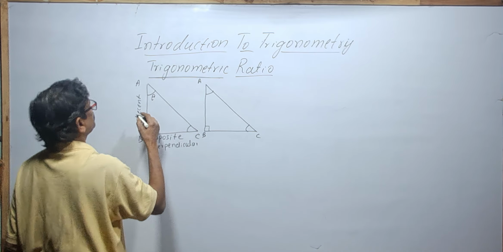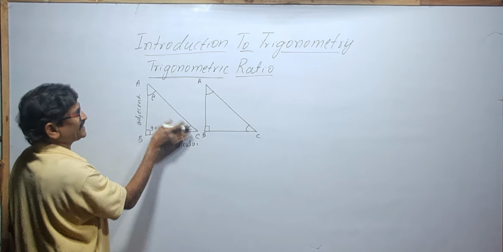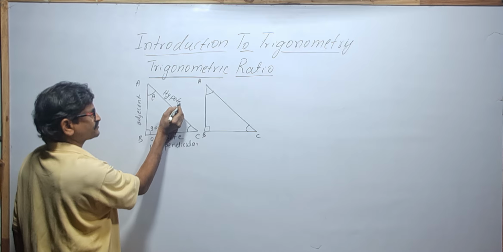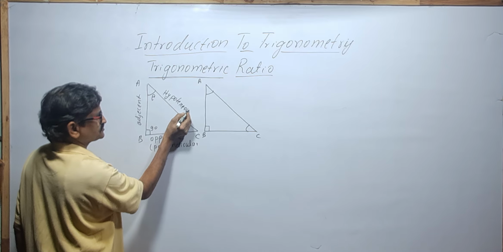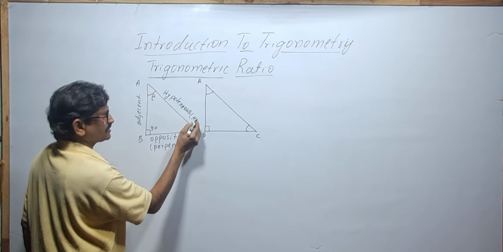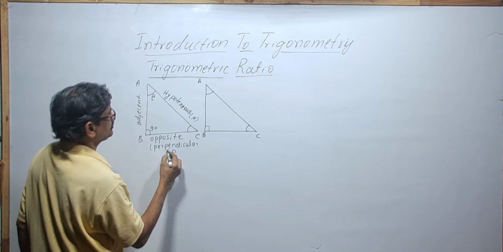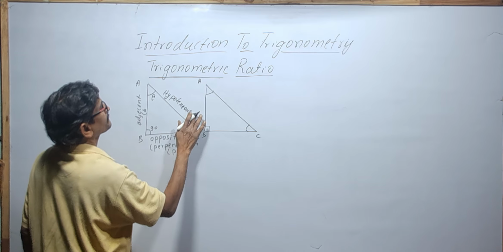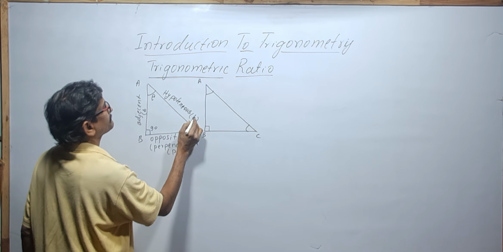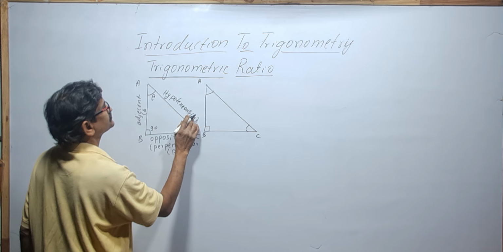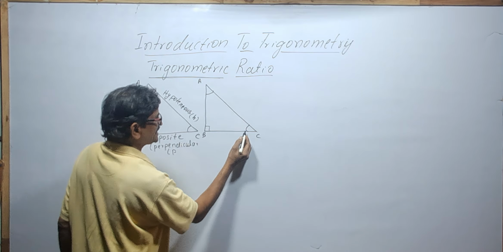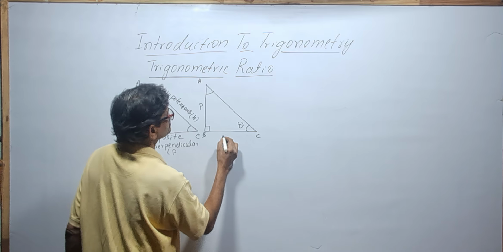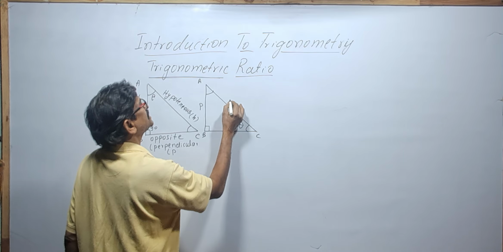Always this side is called hypotenuse, denoted by H. This is denoted by P, and this is denoted by B. If you select the other angle as theta, then this is perpendicular P, this is base B, and this is hypotenuse H.